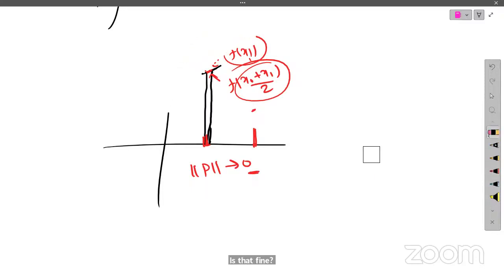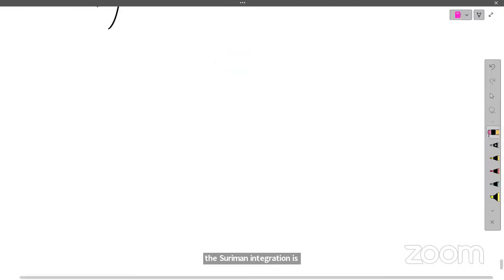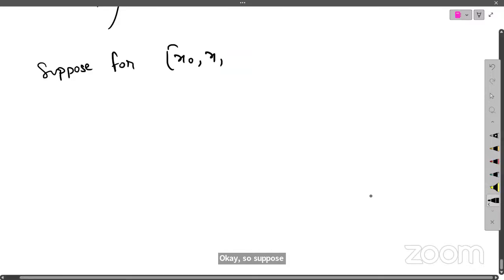If not, then let's think about it. Suppose for the time being you can take any height. Suppose for a subinterval x0, x1, I'm starting with the first subinterval.